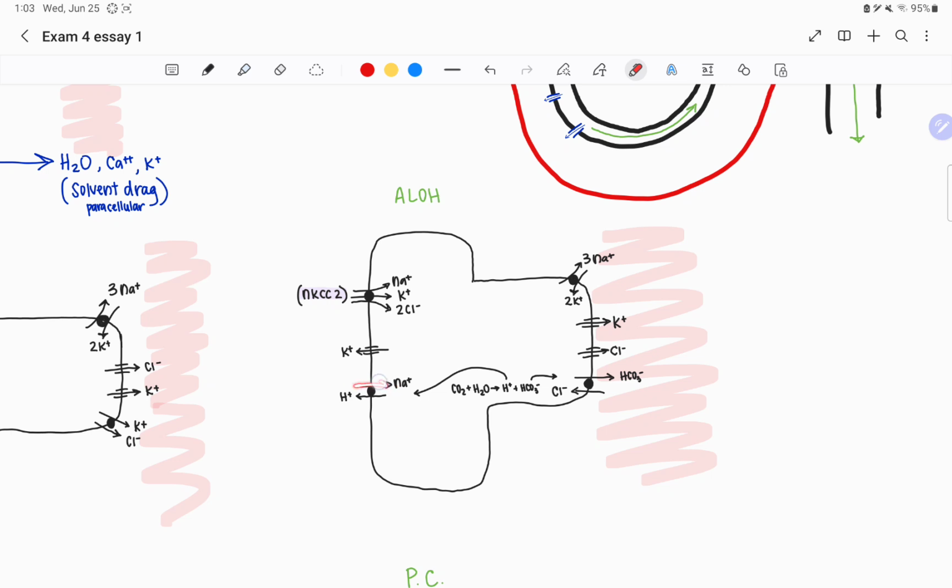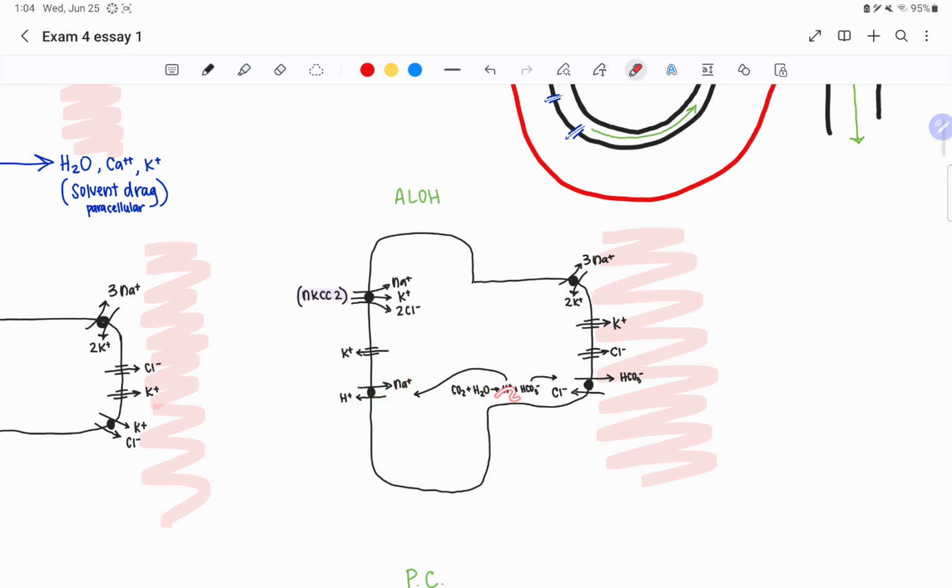And we also have this sodium hydrogen antiporter that's happening. We have the carbonic anhydrase working down here as well to help bring some chlorine in here. But we just kick it right back out. Okay, so in the ascending loop of Henle, no water is coming through. There are no aquaporins, but we are putting out a ton of solutes. Okay, so that's all increasing. A bunch of ions, things like that.